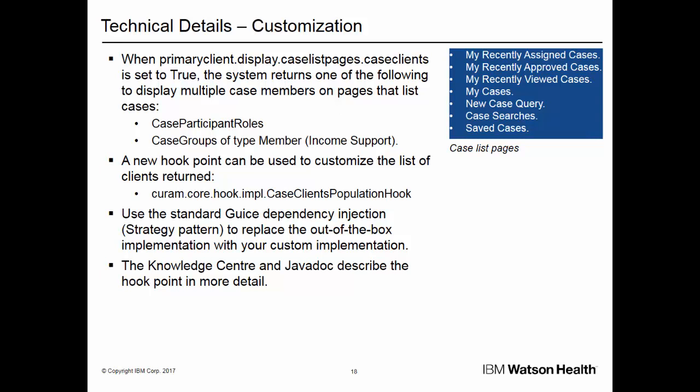Case Clients Population Hook can be used to customize the members that are returned. That is, it allows products that do not use case participant roles to use member case groups. The hook points are described in the following section of the Knowledge Center: Configuring primary client display settings for income support. In addition, the Java doc for the component describes the hook point.